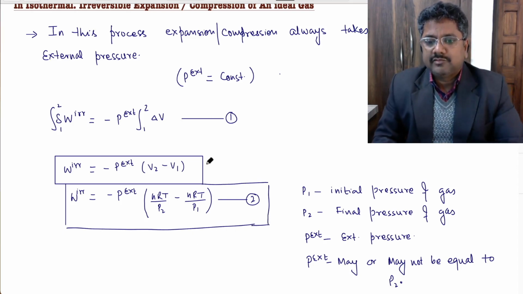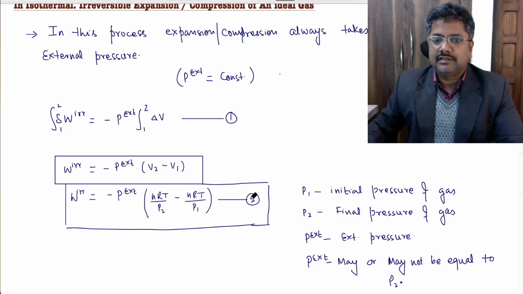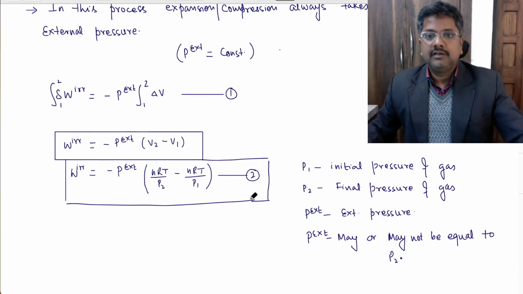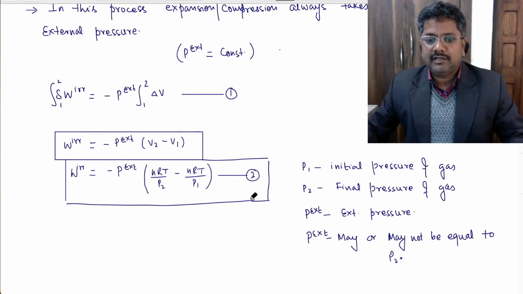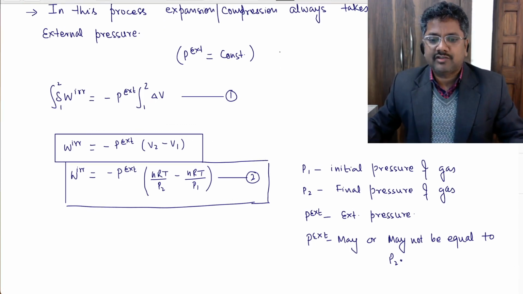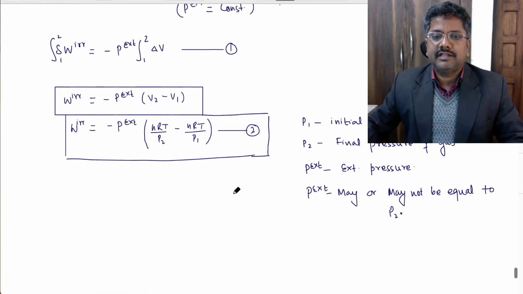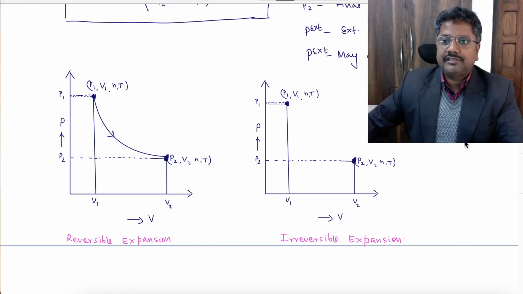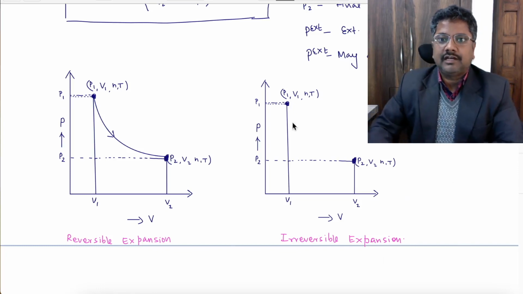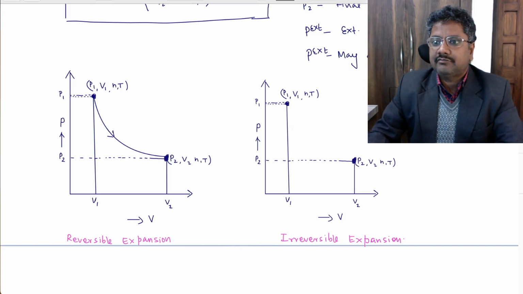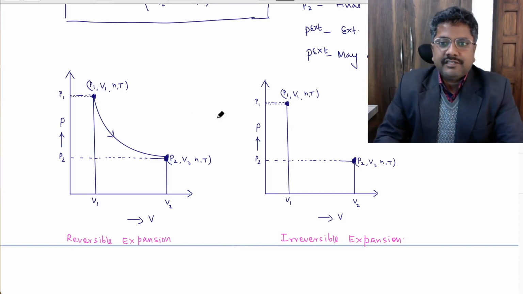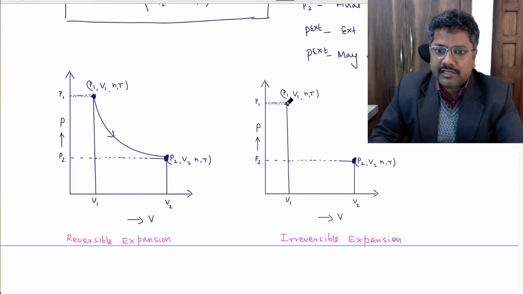So by using this formula you can calculate the work in the irreversible process, and by using the other formula you can calculate it in the reversible process, right? Now see, I have considered here the reversible and irreversible path between the same initial and same final state. If we move irreversibly, the path is this.